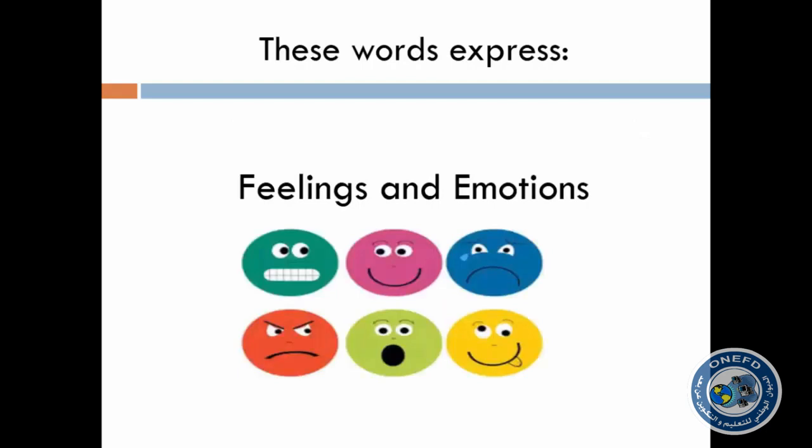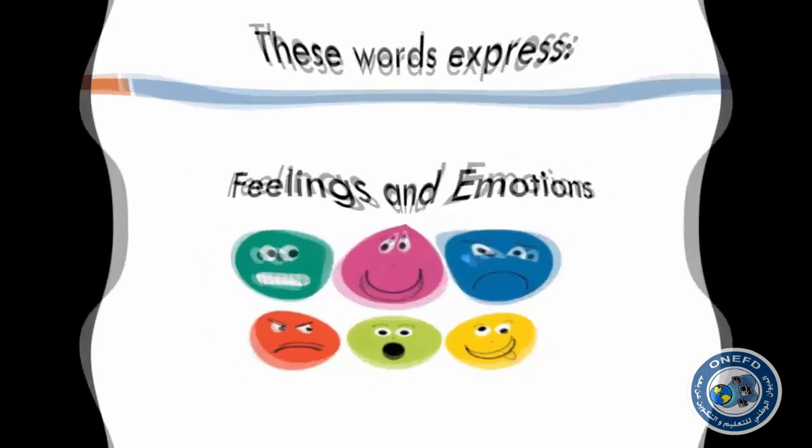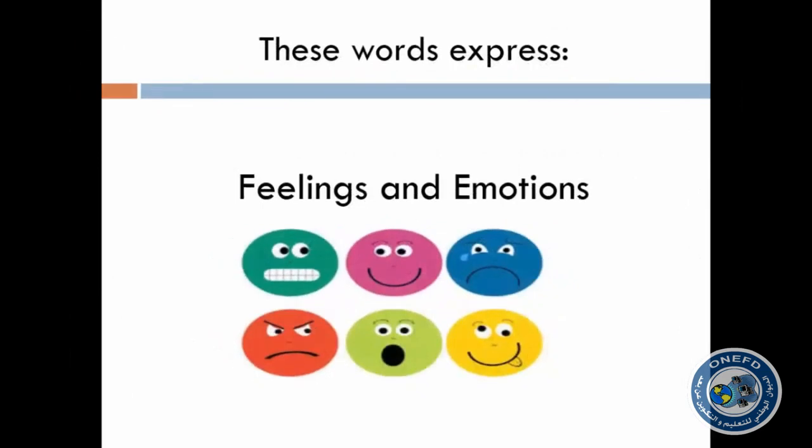Since you have deduced the theme of the unit, which is feelings and emotions, note that even though they seem like synonyms or related words, they are actually very distinct.